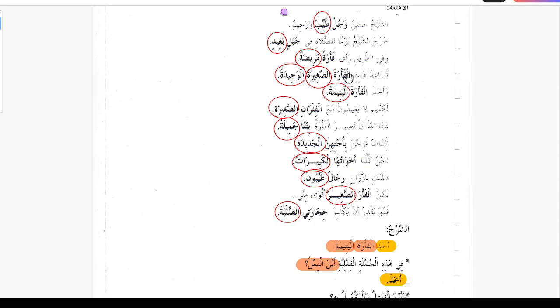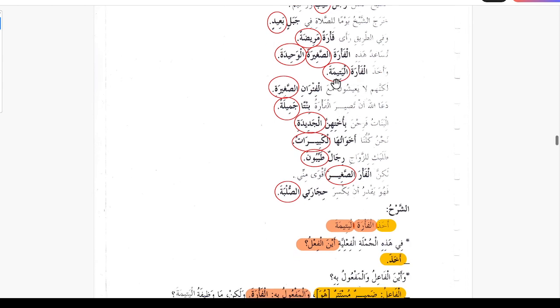And we see that this is marifa, has al, this also has al, and this is feminine, this is mansoob because it is also maful bihi. So the adjectives are also mansoob.